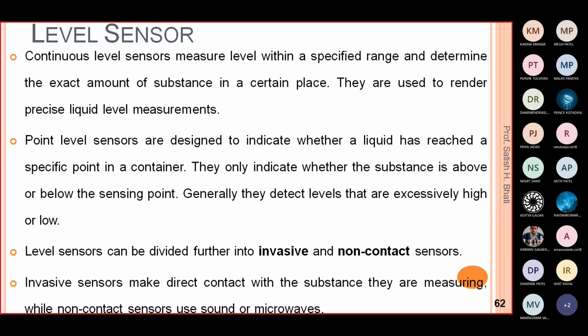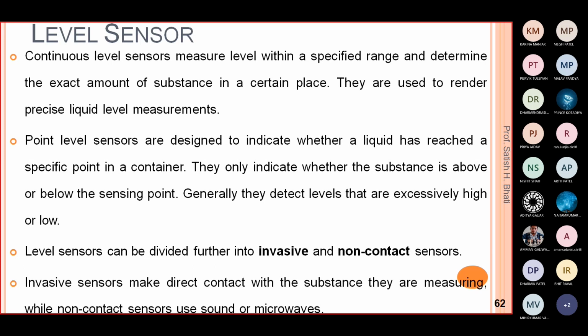Generally, not only level sensors but any type of non-contact sensor definitely uses some kind of waves or signal. They will transmit the signal and after that receive the signal, and based on the time taken by the signal in traveling, they will find the physical parameter.